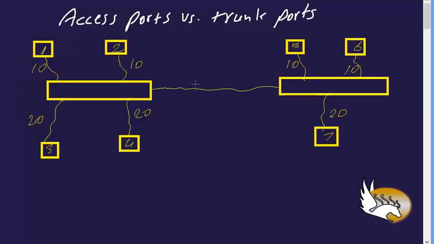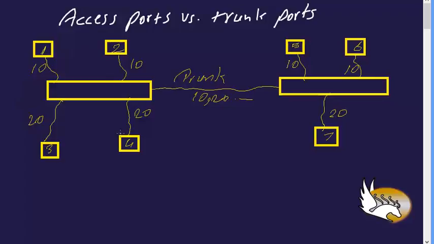We can define this link as a trunk link. A trunk link is supposed to convey any type of traffic, any type of VLAN traffic actually. So if this is a trunk, it is supposed to carry VLAN 10 and 20 and any other VLAN's information, and it can be used as a highway.